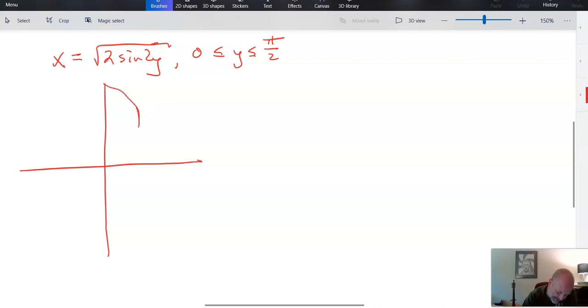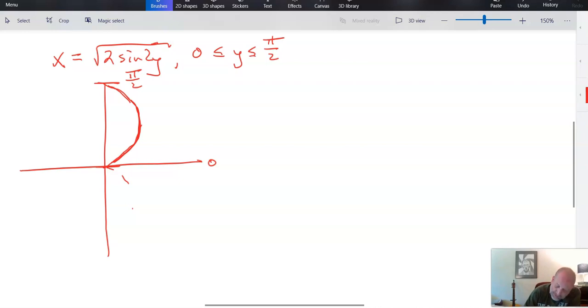It kind of flattens out around the square root of 2, and then it kind of lays back down. This is a horrible drawing. It looks very similar. If you continue this, it keeps bumping around. But if y is going from 0 to pi over 2, those are good boundaries.